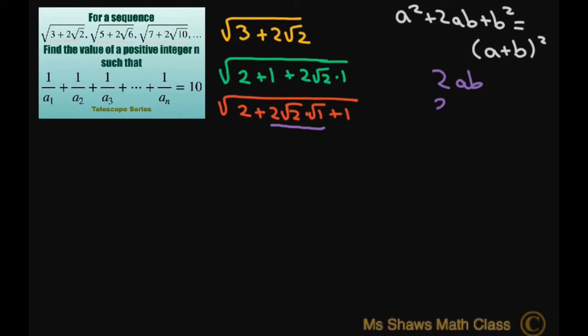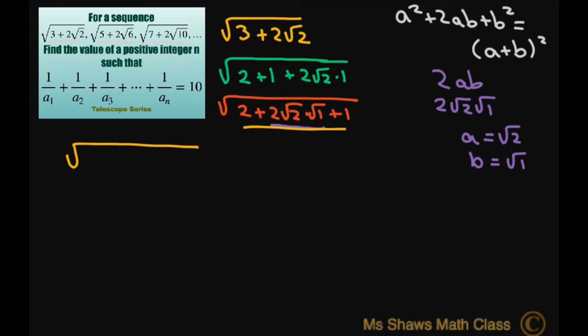So in this case, we have 2 square root of 2 times square root of 1. My a equals square root of 2, and my b equals square root of 1. Therefore, I can rewrite this as the square root of 2 squared plus 2 square root of 2 times square root of 1 plus square root of 1 squared.